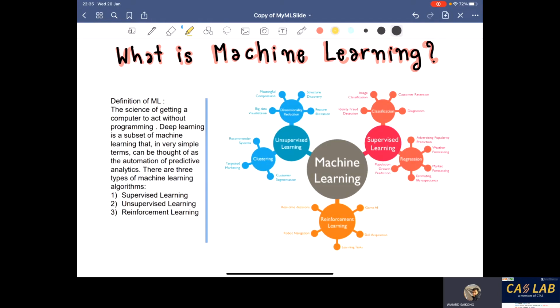Machine learning can be categorized into three types. The first one, the supervised learning algorithm. The second one, the unsupervised learning algorithm. And the last one, the reinforcement learning algorithm.